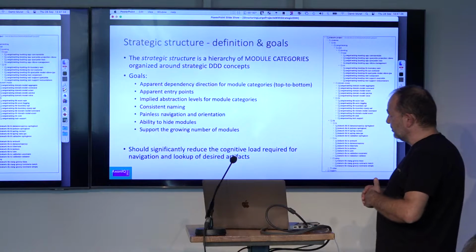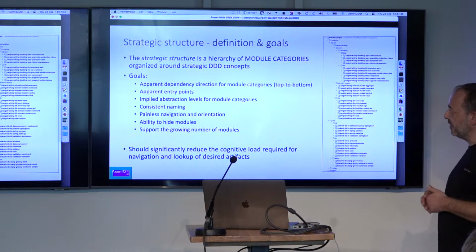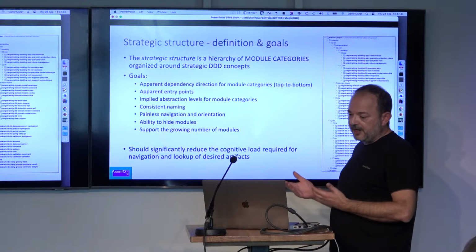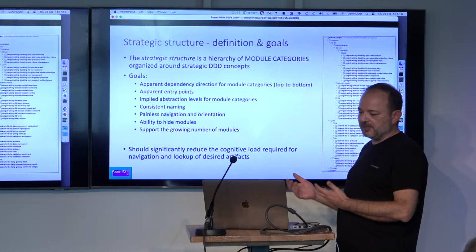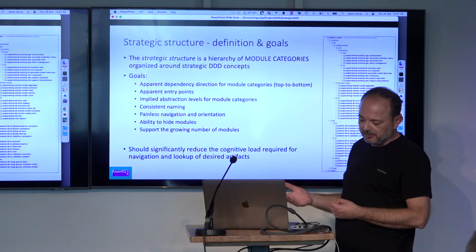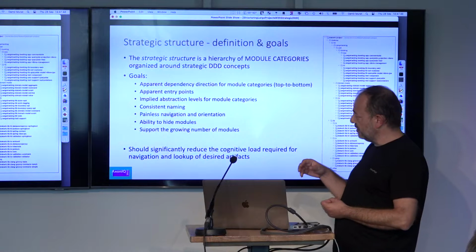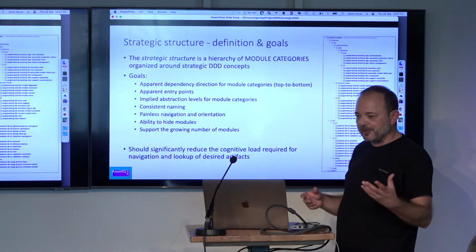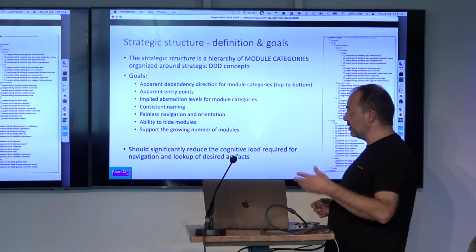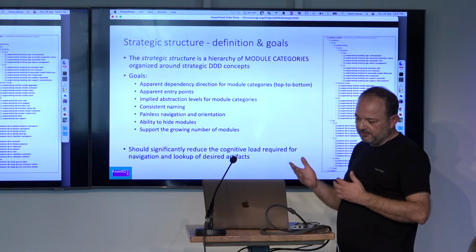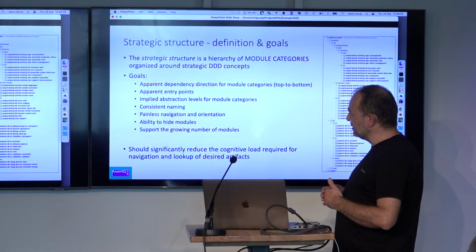Okay, let's turn now to the details of strategic structure. So what is it? A strategic structure is a hierarchy of those module categories, and that hierarchy is organized around bounded context and subdomains. The goals of strategic structure are almost the exact opposite of the properties of flat project structure. I will not list them all, just mention the first one because it is kind of important.